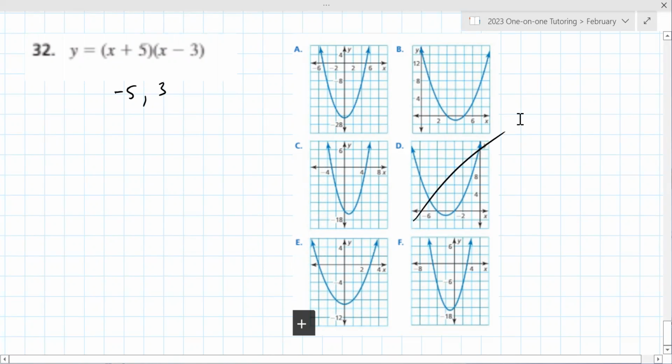It can't be C. It can't be A. A is kind of weird. It's -5 and -5. So it can't be B. But it could be E or F. It can't be F because... oh wait, yes, it could. Could be E, could be F.